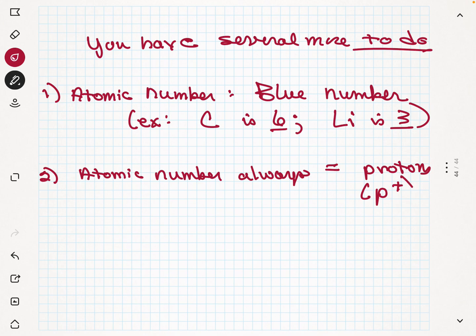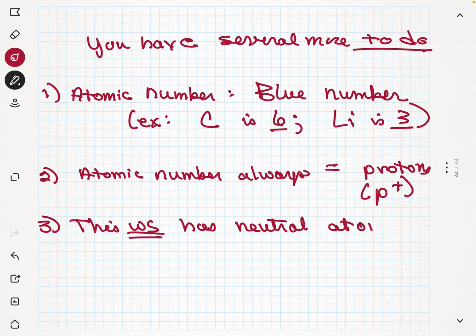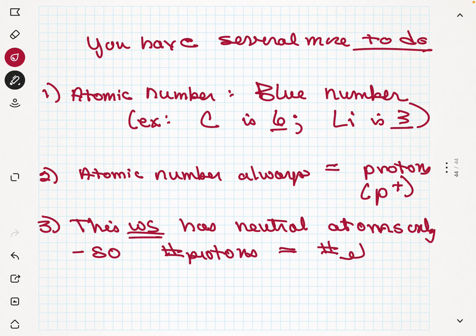And the protons I usually call P+. For number 3, this worksheet has neutral atoms only, and I'll talk about that another day. So the number of protons equals the number of electrons.